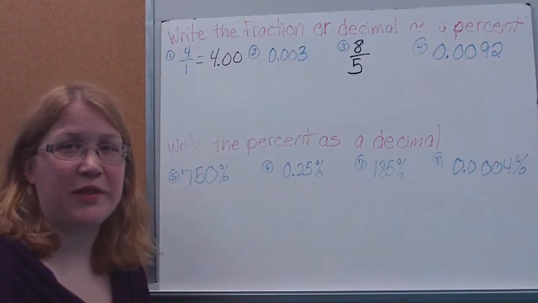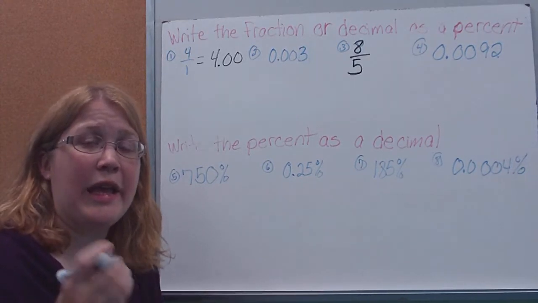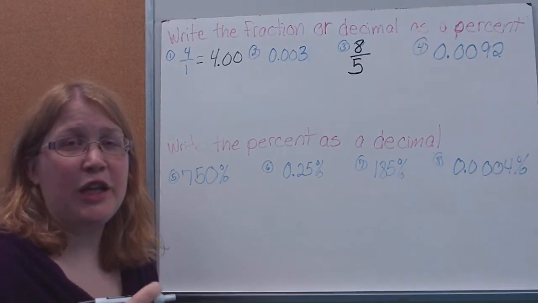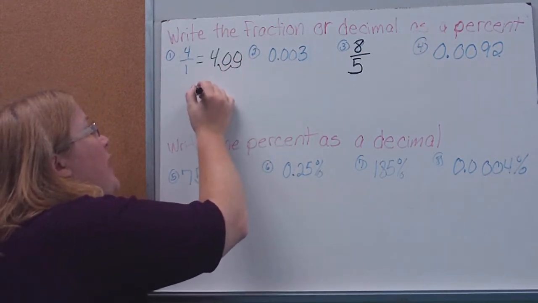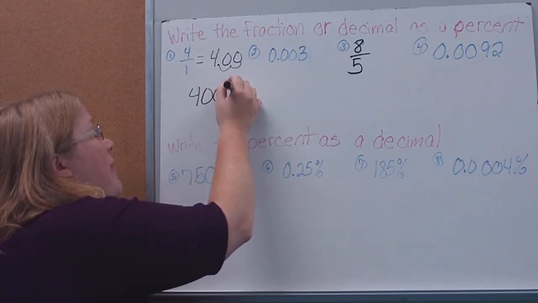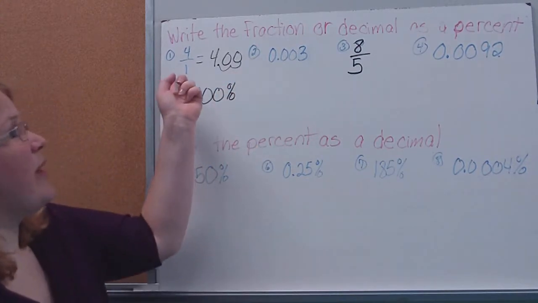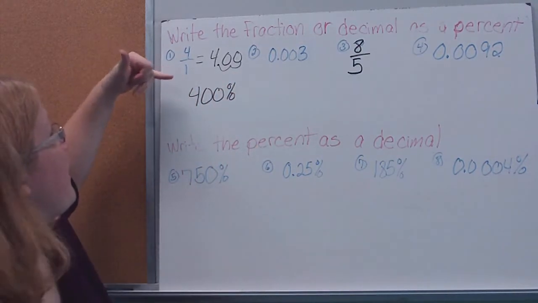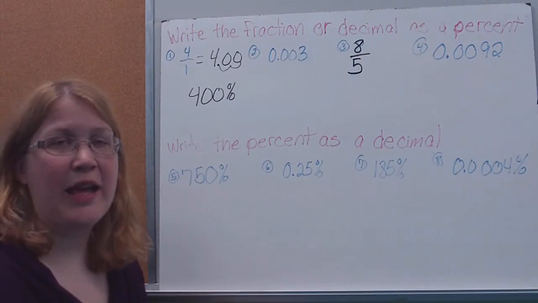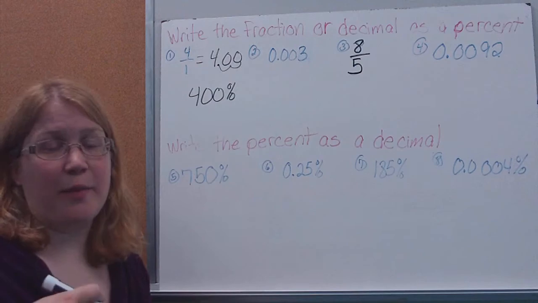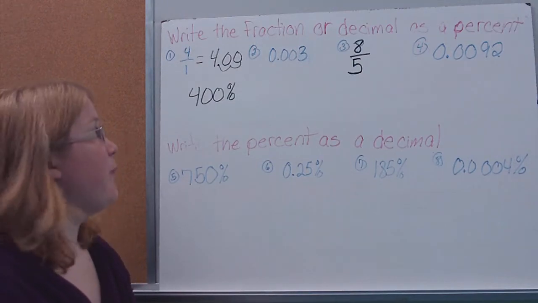Now, the reason I'm going to write those zeros up there is because what you'll recall is to convert our decimal into a percentage, I multiply by 100, which means I move my decimal twice, and I wind up with 400%. I could have rewritten this as the equivalent fraction by multiplying the bottom and the top by 100, and I still would have wound up with 400%. So which way you choose to do it is up to you, whatever way works easiest for you.